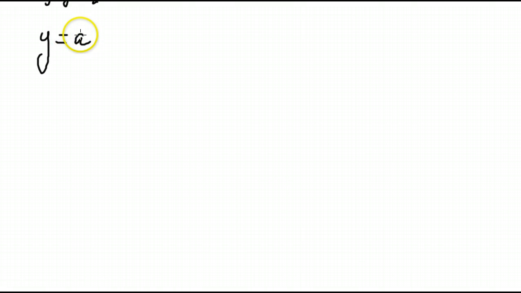So a, that gives us the direction of opening and the vertical stretch. Okay, two things. The absolute value of a is the vertical stretch. If a is 2 or 3 or 4, if it's greater than 1, the curve is stretched vertically by a factor of a, which will result in a vertical expansion, and the curve will be narrower.